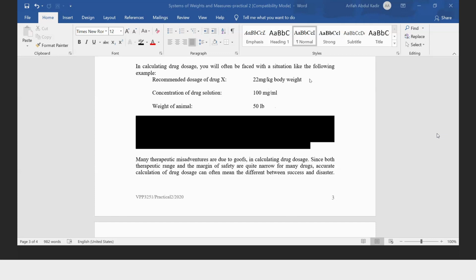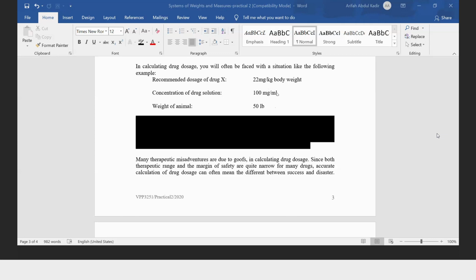You can round it up to 500 milligram for easy calculation. So 500 milligram of the drug is required for this patient.